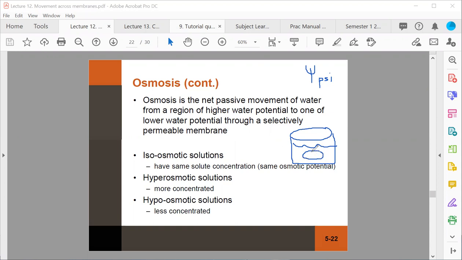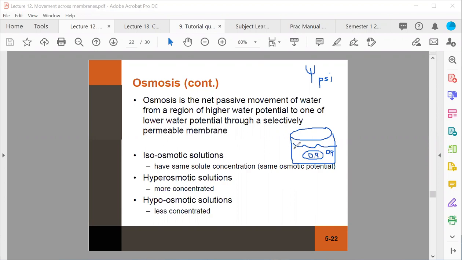And the inside of the cell had a concentration of, let's say, 0.9%. And the solution that you placed it into also had a concentration of 0.9%. Okay, so that means the solution and the concentration inside the cell are exactly the same concentration, same osmotic potential.